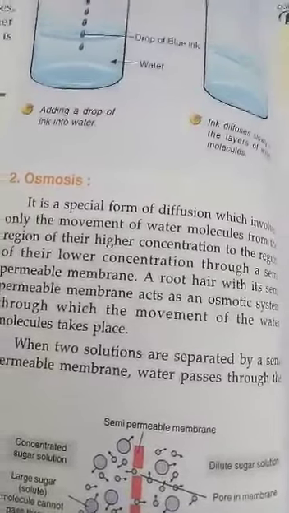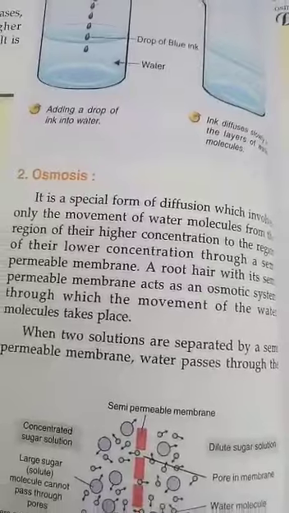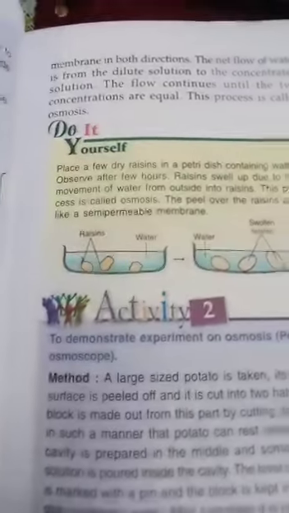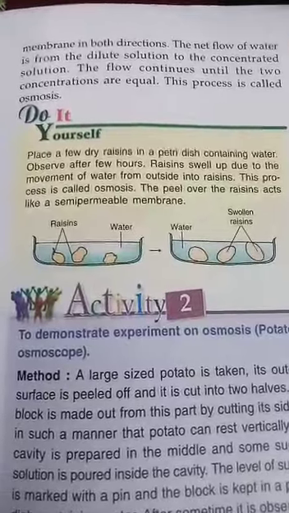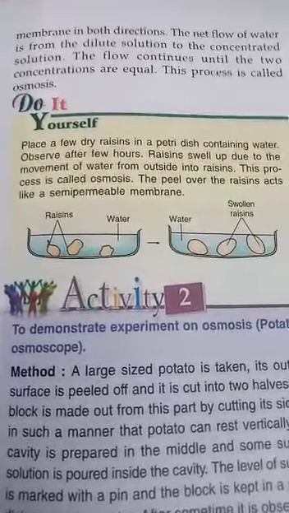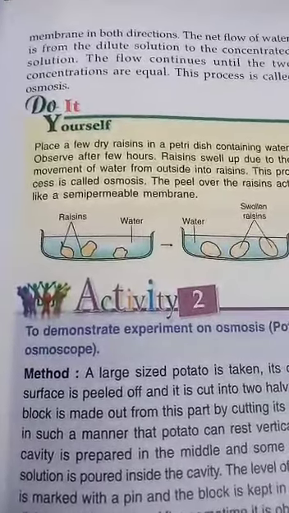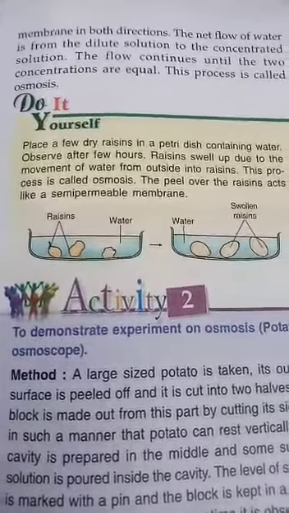Okay, that means there are two solutions, separated by a semi-permeable membrane. Water passes through the membrane in both directions. The net flow of water is from the dilute solution to the concentrated solution. What is this? Suppose there is a plant, and the water is in the soil.